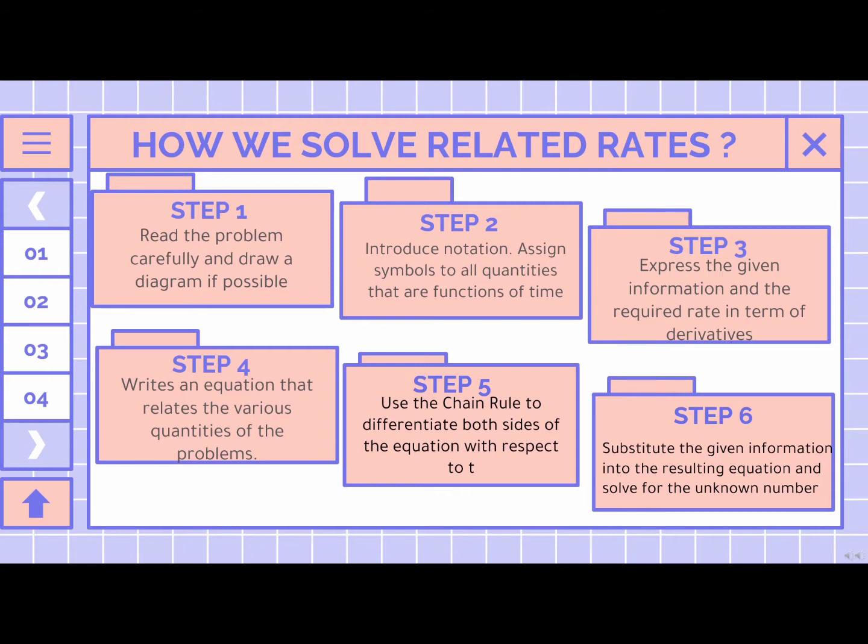Then, we have to express the information and the required rate in terms of derivatives, and write an equation that relates the various quantities of the problem. Then, use the chain rule to differentiate both sides of the equation with respect to t. Lastly, substitute the given information into the resulting equation and solve for the unknown rate.